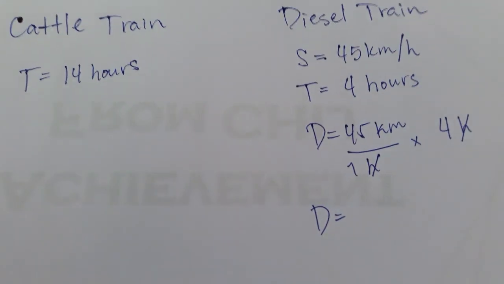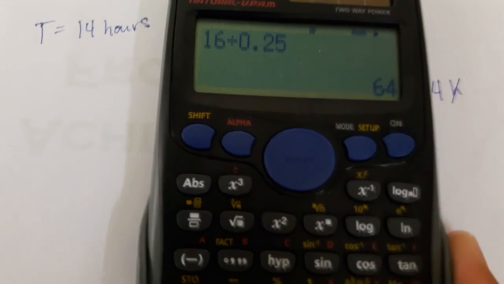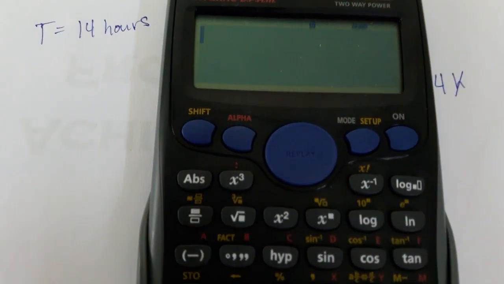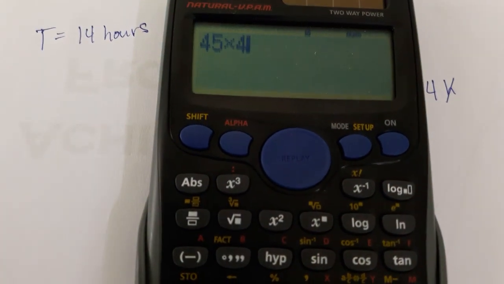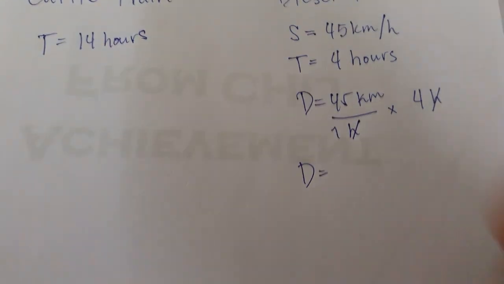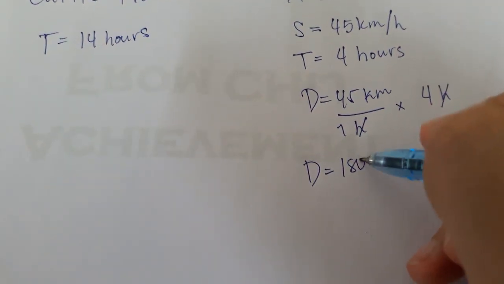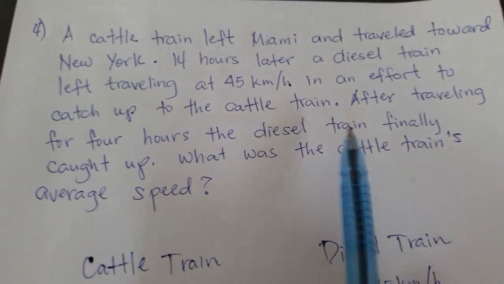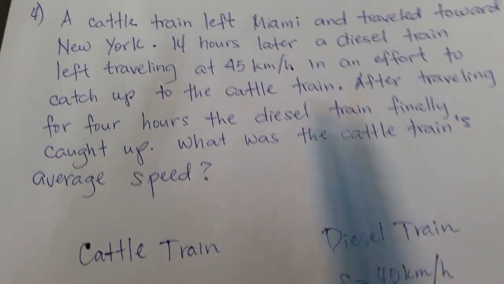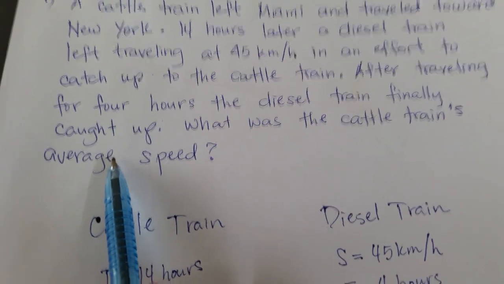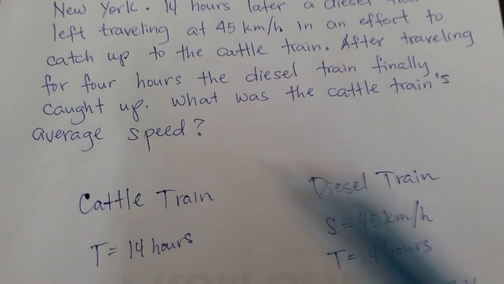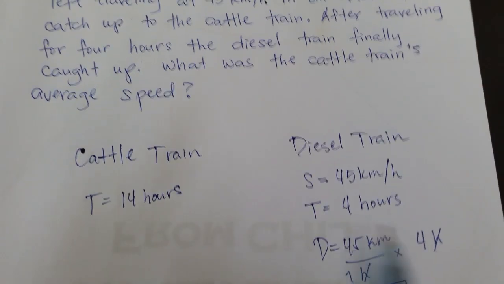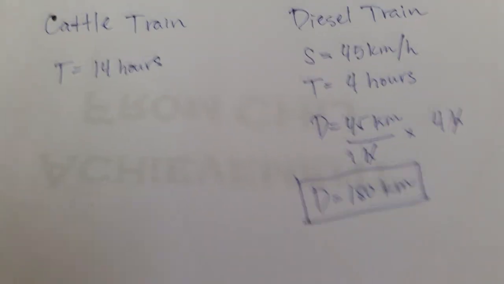So the distance, 45 times 4, 180 kilometers. They have the same distance because after traveling for 4 hours, the diesel train finally caught up. So it means they met in the same point, the same place. So they have the same distance, 180 kilometers.